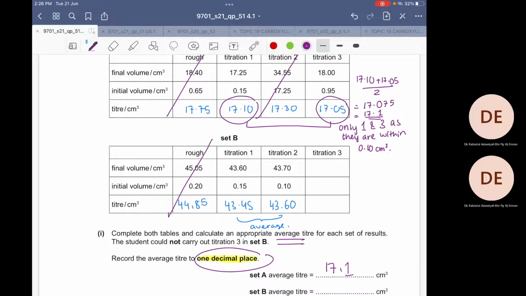So you would just take the average of 43.45 plus 43.60 divided by 2, even though they are not within 0.10 centimeter cube difference. That gives 43.5. Did you get that? Okay, good.